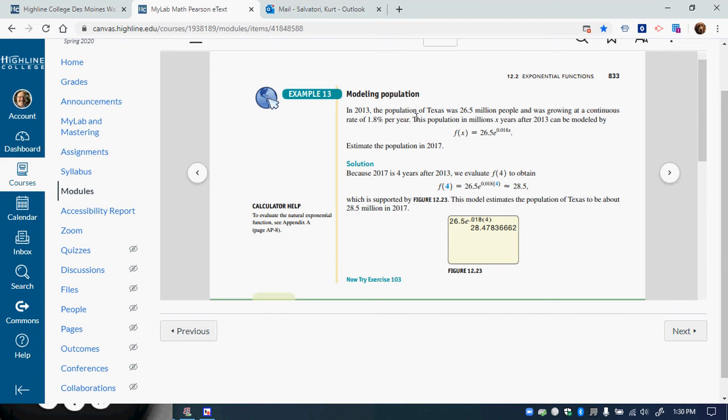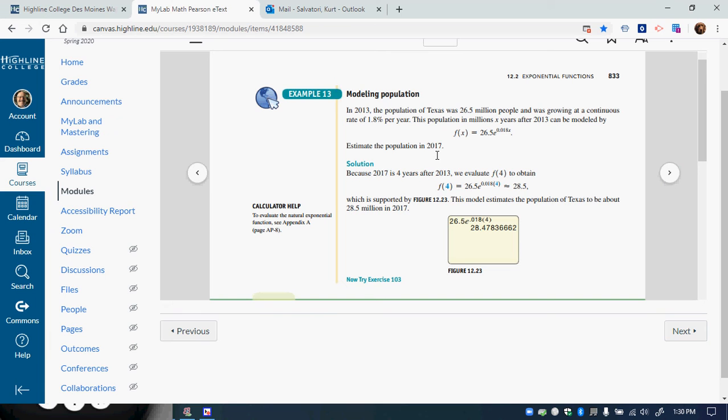In 2013, the population of Texas was 26.5 million people, and it was growing at a continuous rate of 1.8% per year. So the population in millions per year after 2013 can be modeled by this equation. We have our start number of 26.5, and then our interest in decimal form, and then we just have to know what year we want to do it in.